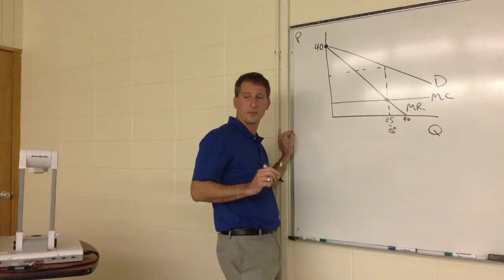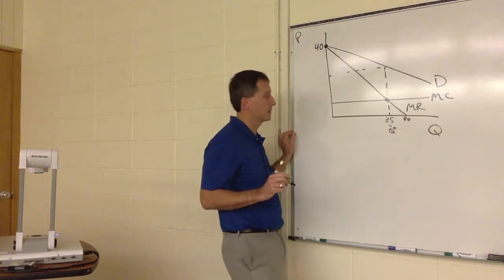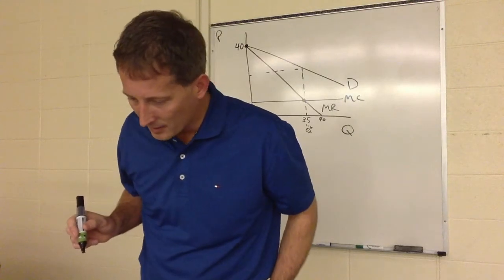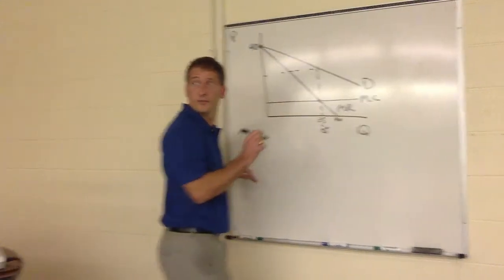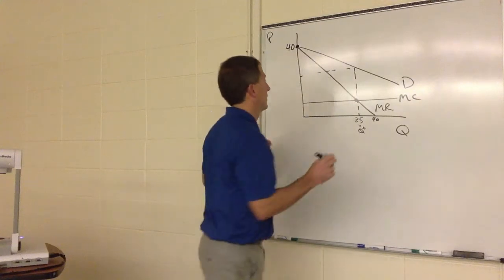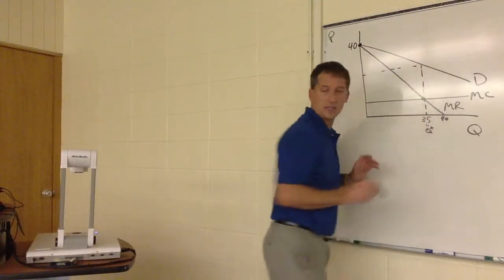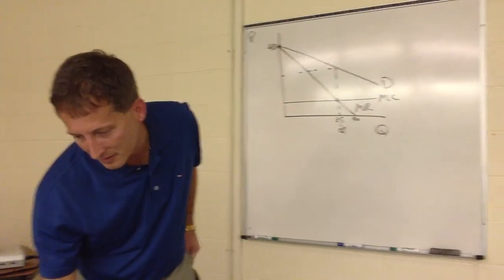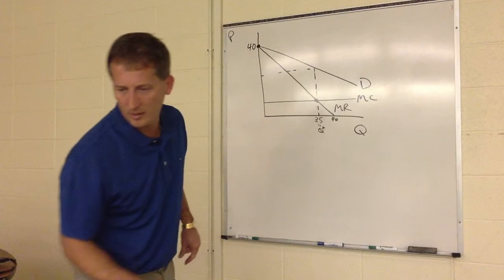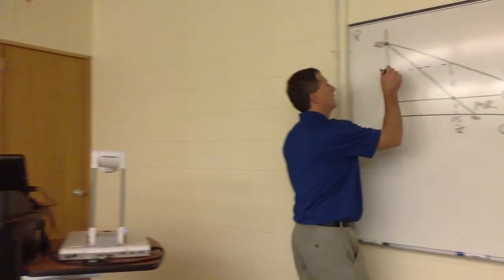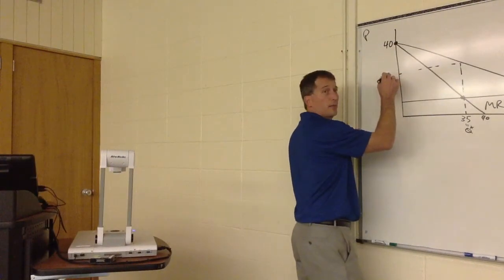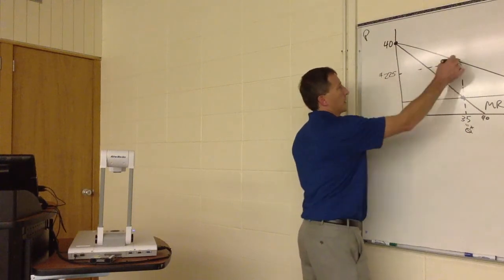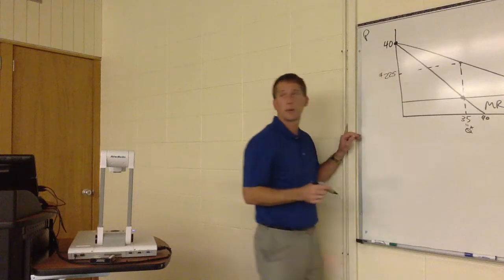Did anybody calculate it? You weren't asked to, so I didn't really expect you to, but you've got the demand curve. 22.5? Okay. Well, you're just plugging in the 35, so you got 17.5 plus the intercept, or minus the intercept. So what did you get? 22.5. Okay.